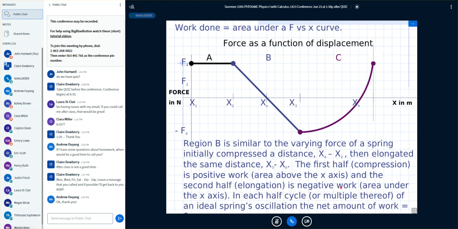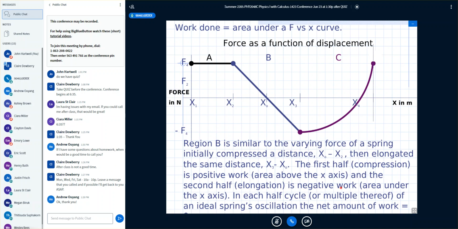And if it looks like it's beginning to introduce variables that we haven't encountered yet, like the acceleration along this motion, the acceleration of the hanging mass from the spring, or elongated on a horizontal surface, is not constant.